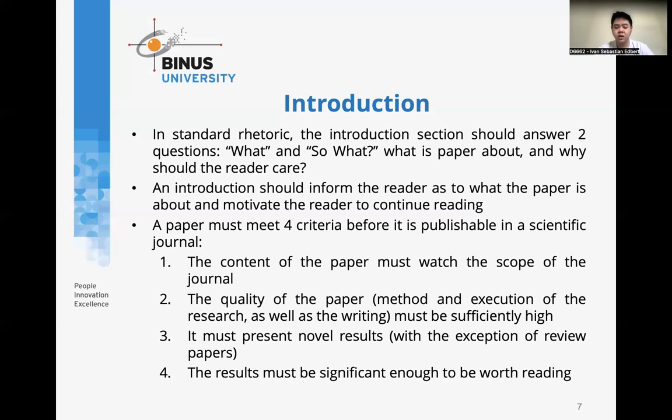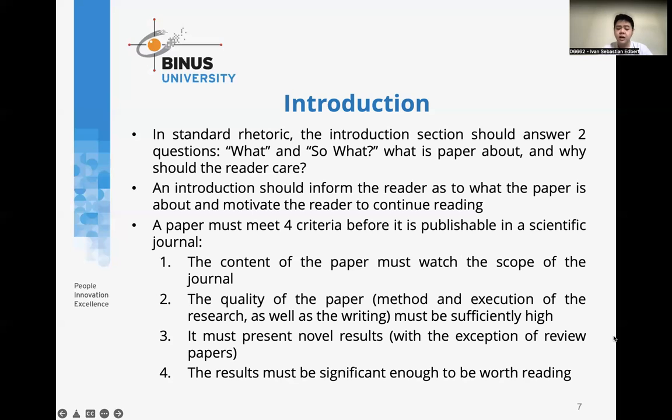But we mention it to make sure readers know this experiment is going to produce this output. So we must mention the result, but in a brief way. This is with the exception of review papers.